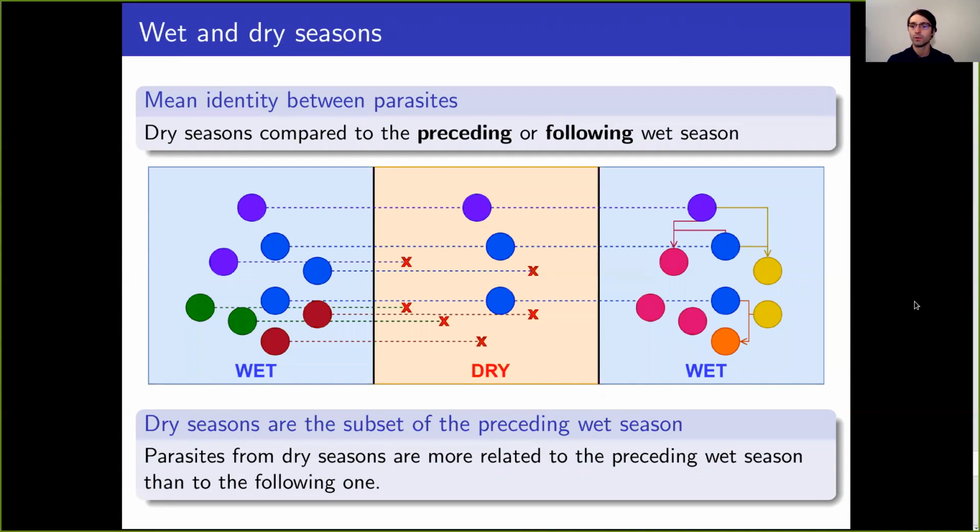Here, we hypothesize that during the dry season, there is a lack of recombination events, and then the dry season is actually just a subset of the preceding wet season. However, in the following wet season, there are a lot of recombination events, and so it brings a lot of genetic diversity. As a result, we can say that the dry seasons are a reservoir of parasite strains waiting for the wet season to recombine with the other strains and bring new genetic diversity.